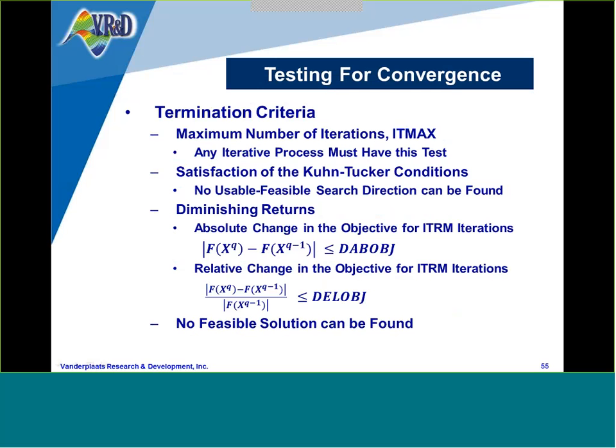Or we have diminishing returns, the absolute change in the objective function or the relative change. And if we go enough iterations without getting a feasible solution, we can demonstrate that none exists. But what we try to end up with is telling the user which constraints are preventing us from getting a feasible solution, and you need to modify those constraints or change the design somehow.